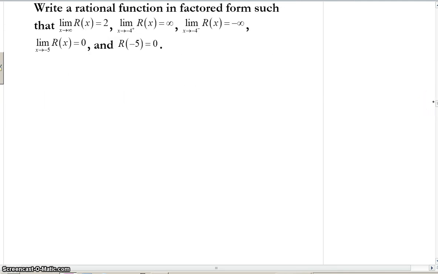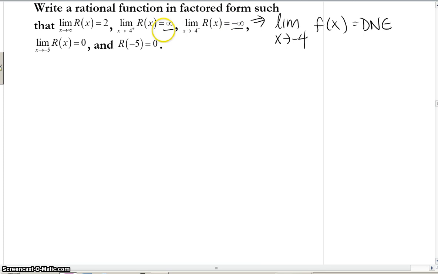Now this one says, write a rational function in factored form such that the limit as x approaches infinity of r of x approaches 2, and the limit as x approaches -4 from the right, r of x approaches infinity, and the limit as x approaches -4 from the left, r of x approaches -infinity, which we know tells us that the limit as x approaches -4 of f of x does not exist, right?